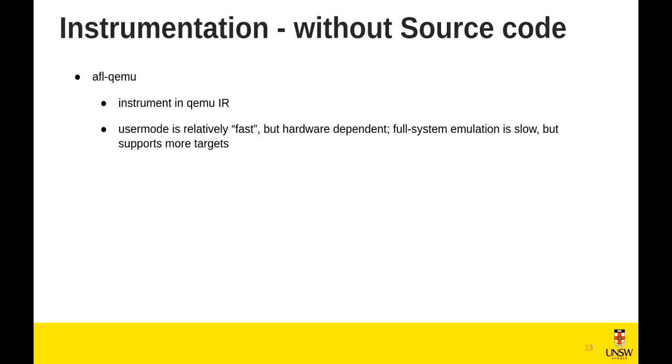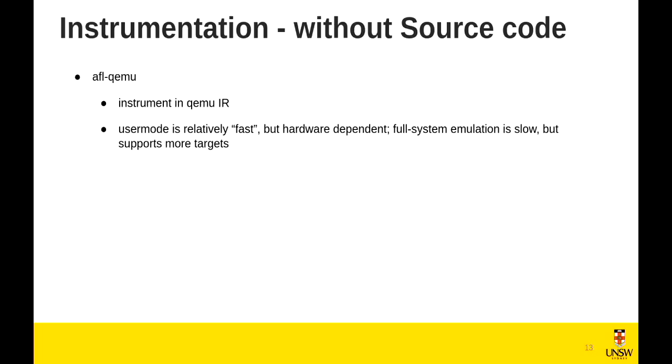And QEMU can run in user mode or full system emulation. In user mode, the system calls are delegated to the host operating system. So user mode emulation is normally relatively faster than full system emulation. However, using this emulator, as you could imagine, is much slower than running the target program on the native host system.